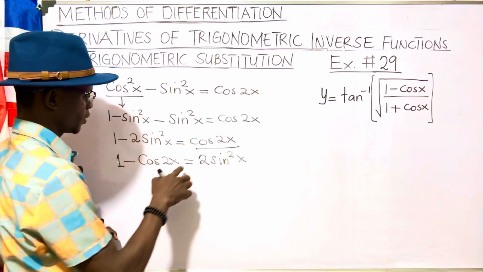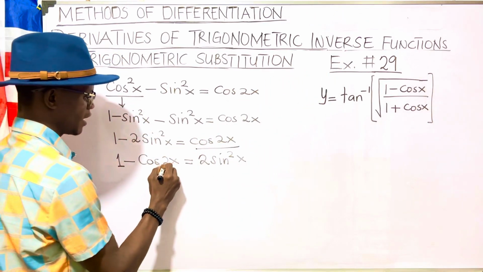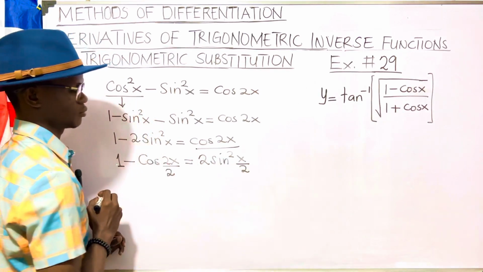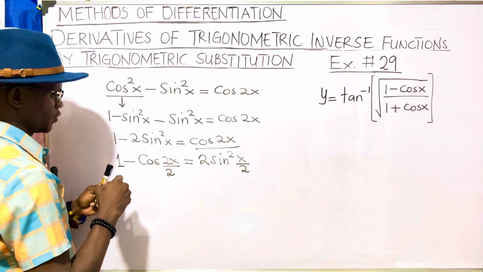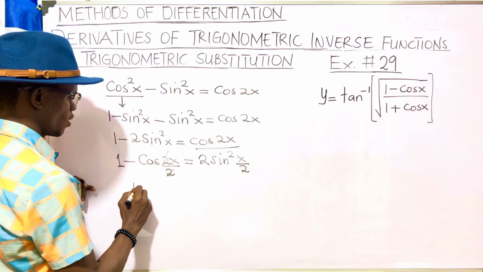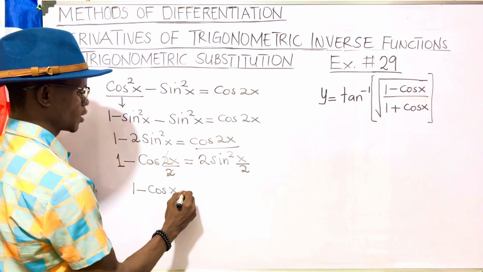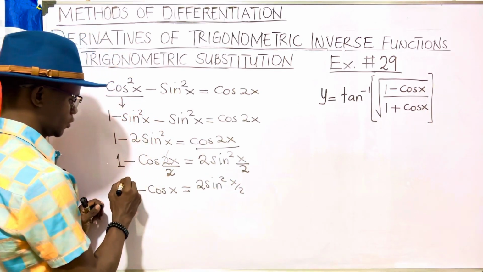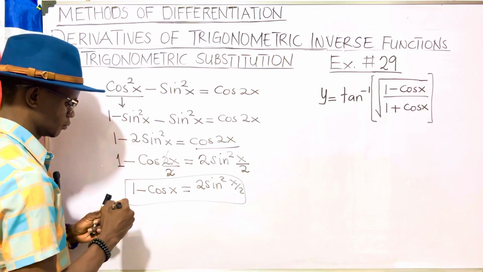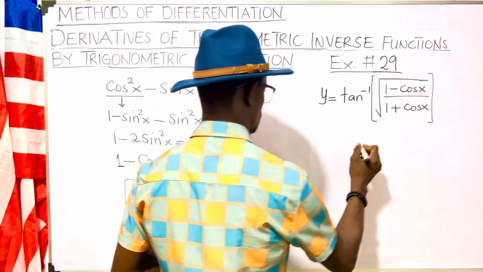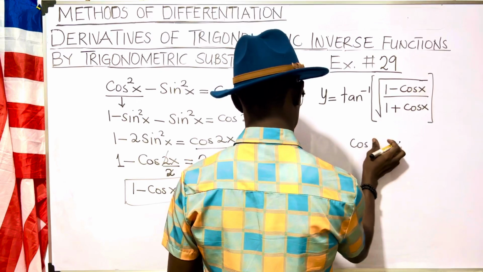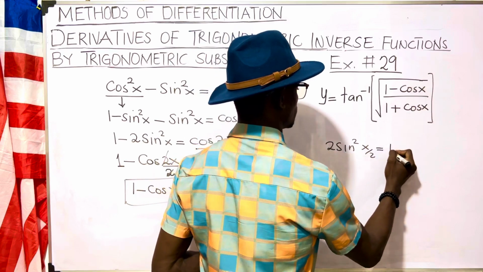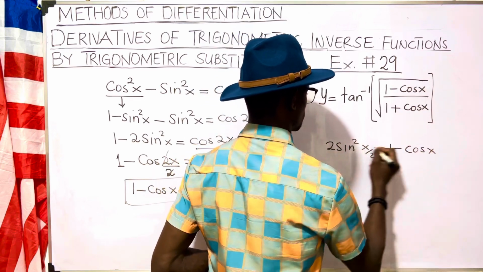But we need 1 minus cos of x, and here we have 1 minus cos of 2x. So we can divide each angle by 2. Therefore, 1 minus cos of x is equal to 2 sine square x over 2. So that is the first identity that we know. Let's put it right down here: 2 sine square x over 2 is equal to 1 minus cos of x.